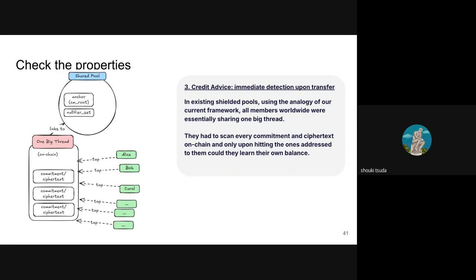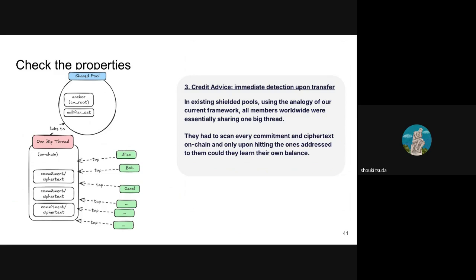Finally, credit advice. This is a problem directly connected to user UX. Users will feel anxious if they can't track their balance in real time.